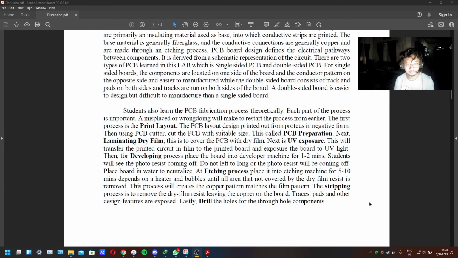Then you can see the copper created to match the film. Then the stripping process removes the dry film resist, leaving the copper that we made in Proteus on the board. And lastly, the drilling process, where we drill the holes for the components that we want to put in.